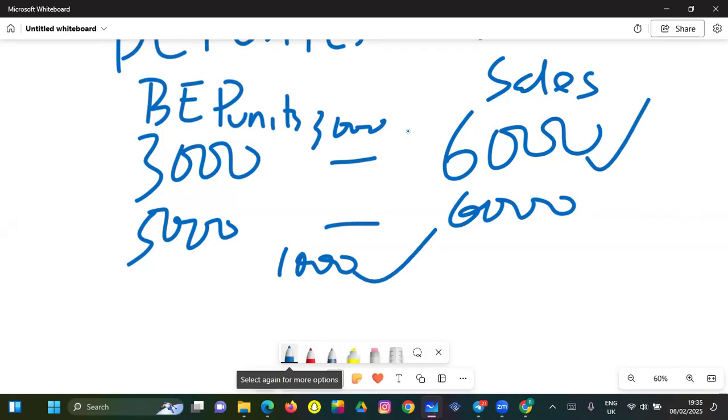If you want to get margin of safety in units, you take the expected or actual sales in units less the break-even sales in units. If you want to get margin of safety in value, you multiply this by the selling price, and you get your margin of safety in value, right?